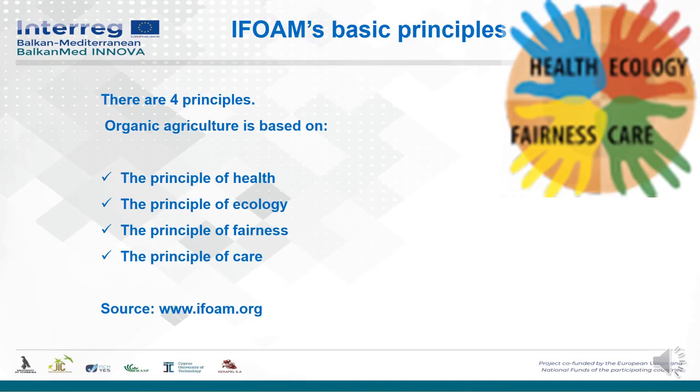The first is the principle of health. The other is the principle of ecology. The third is the principle of fairness, and the fourth is the principle of care. In the following parts, after this slide, we will speak one by one about each of the principles.